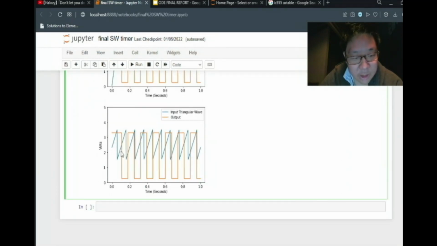The second graph shows what happens if we input the triangular wave directly without using a capacitor. The output wave is the same, but the input is a triangular waveform generated by, say, a function generator.